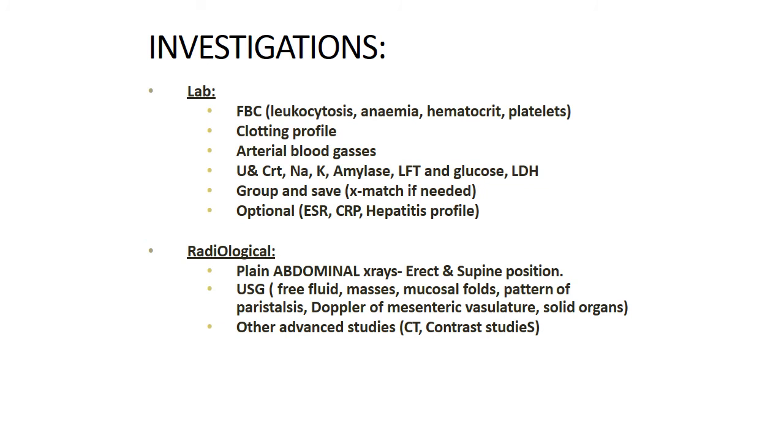And advise all these basic and routine investigations, including full blood count, clotting profile, arterial blood gas analysis, renal function test, liver function test, blood grouping and cross-matching, plain X-ray abdomen in erect and supine position, ultrasonography, and CT scan with contrast if the patient is stable and his or her renal function is within normal limits.